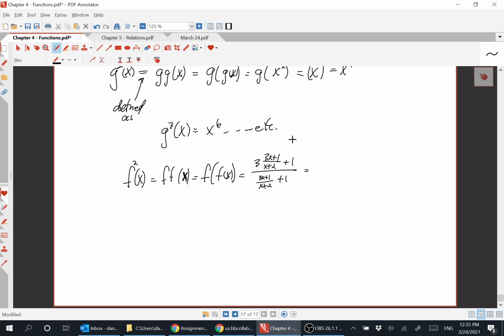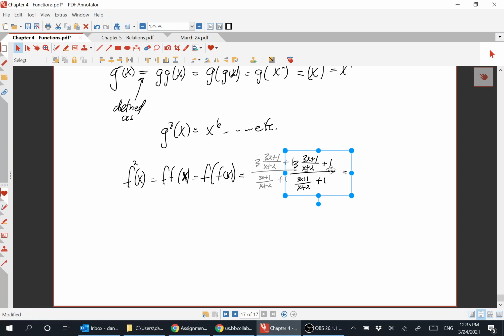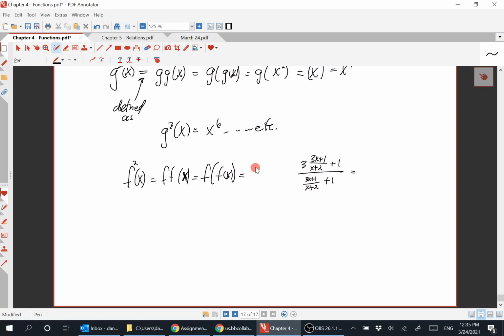I skipped a step in there. So this is equal to what now? 9x plus 3 plus x plus 2 over 3x plus 1 plus 2x plus 4, which is equal to 10x plus 5 over 4x plus 3.